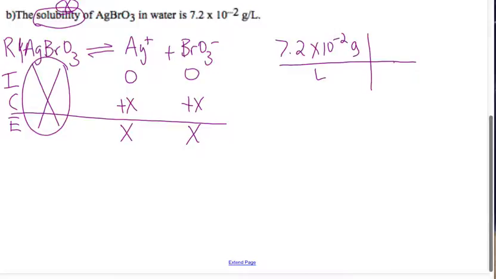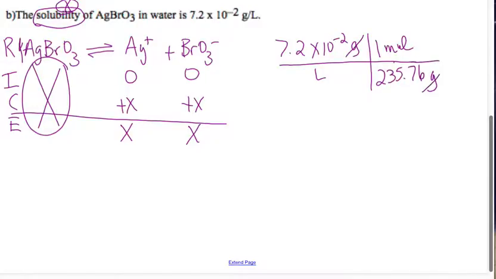So the molar mass of this, for every 1 mole of silver bromate, first period got an answer, but I don't trust everybody. What'd y'all get? They got 235.76 grams per mole.